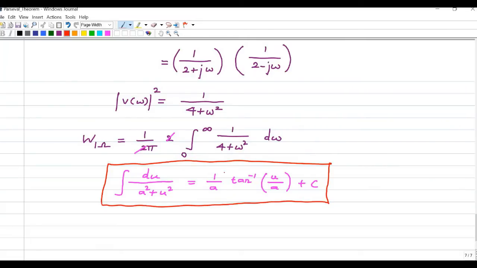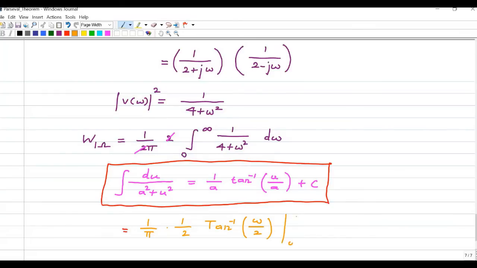If you compare these two, this is with respect to u, this is with respect to omega. Here a square is there, here 2 square is there. So outside there is 1 over pi. Then instead of 1 over a, I'm writing 1 over 2 tan inverse omega over 2.